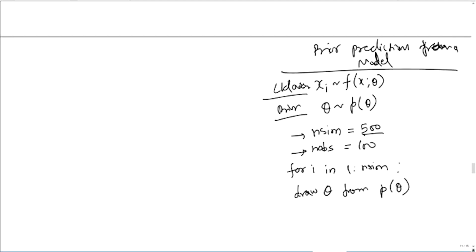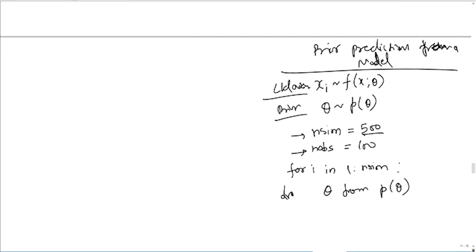How do I do that? Suppose the prior distribution is normal, then I would generate theta using the rnorm function, depending on what your prior distribution is, let us say normal(6, 1). So this will give me theta from this prior distribution normal(6, 1), right. So basically draw a single value of theta, okay.